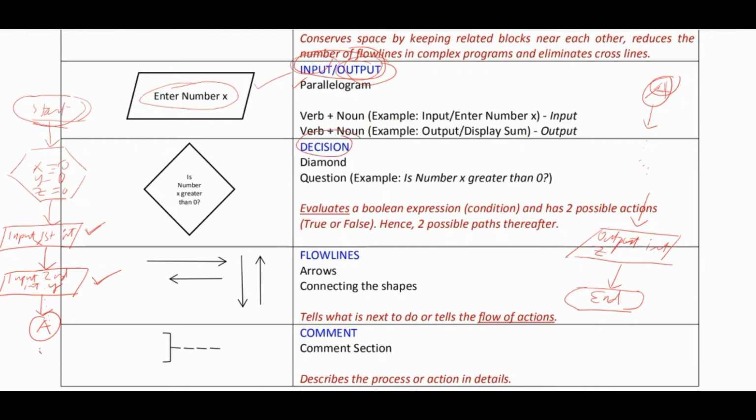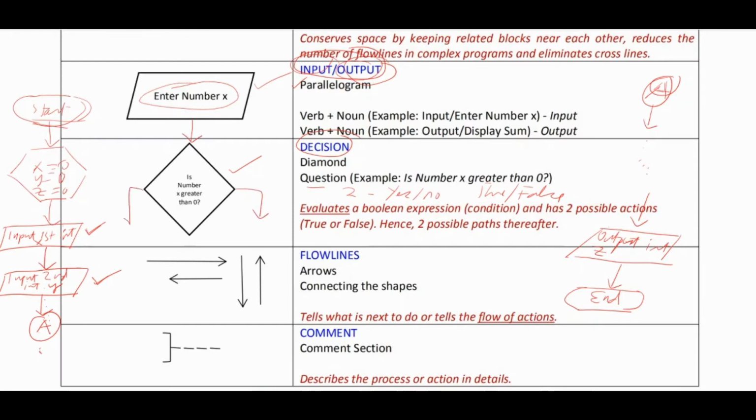Now, this one here, the diamond shape, is decision. It is asking a question like, is number x greater than 0? The answer to this question is only two, right? Yes or no, or true or false. This has one input flow line and two output flow lines.